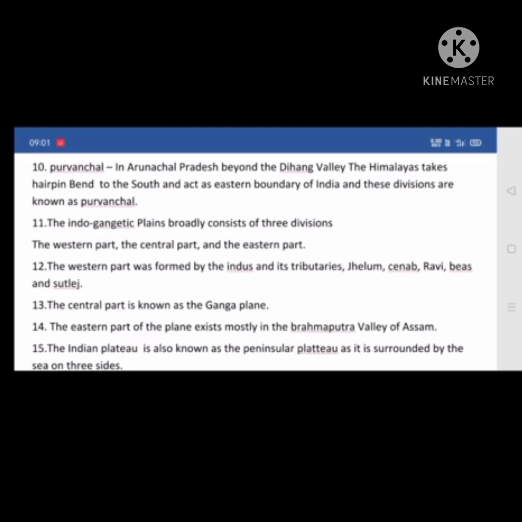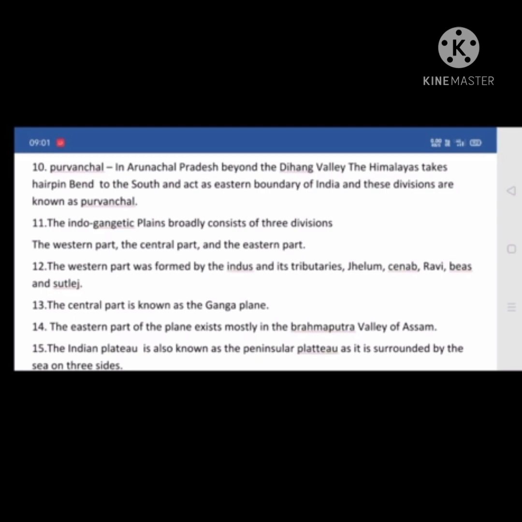Next, the Indo-Gangetic Plains. The Indo-Gangetic Plains broadly consist of three divisions: the western part, the central part, and the eastern part.